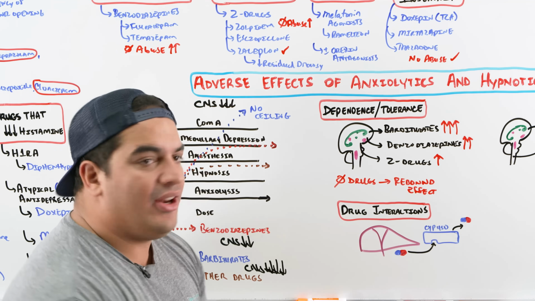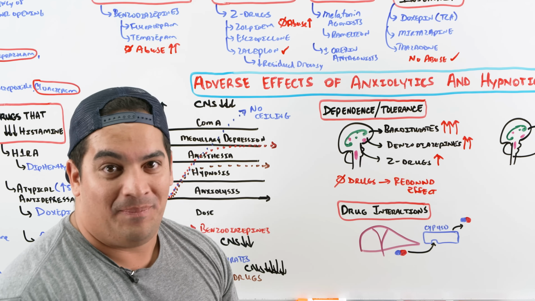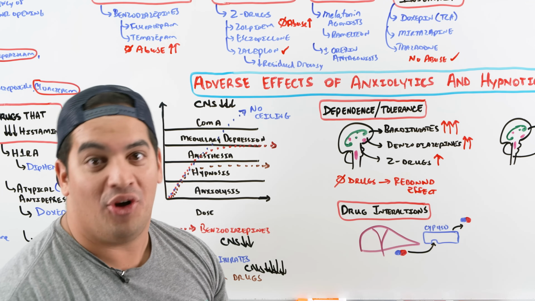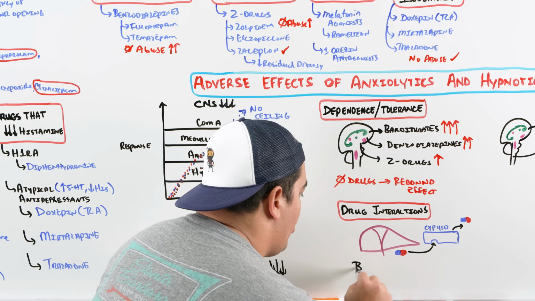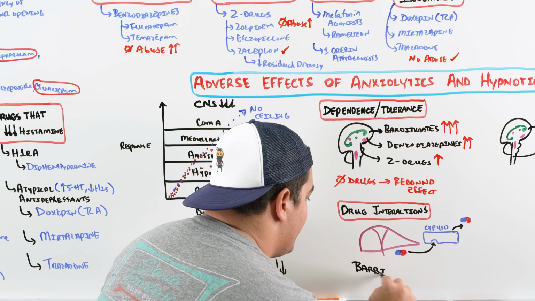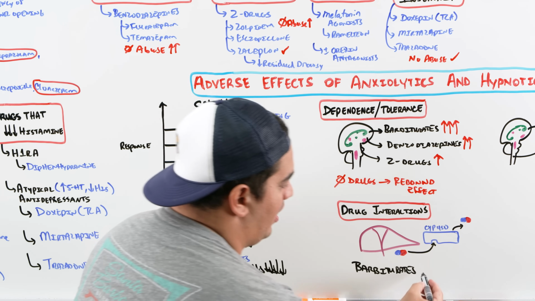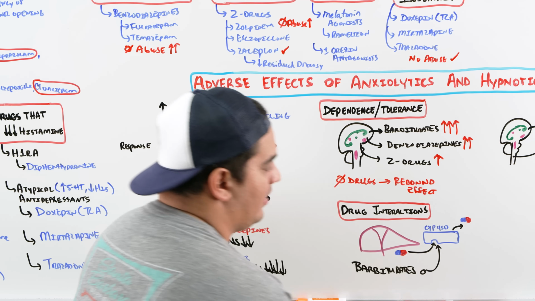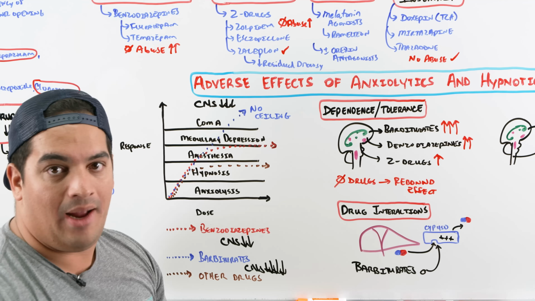The next thing is drug interactions. All right, so phenobarbital and pentobarbital and all the barbiturates are very powerful cytochrome P450 inducers. And I think that's, again, another reason to avoid these drugs. They have the ability to bind onto the cytochrome P450 system and increase the activity of this enzyme.